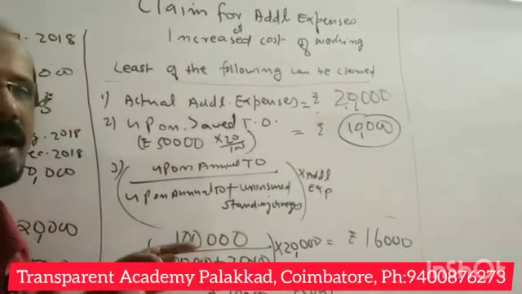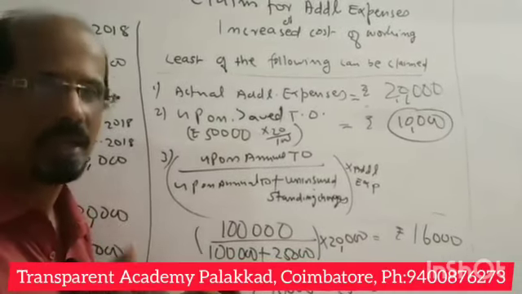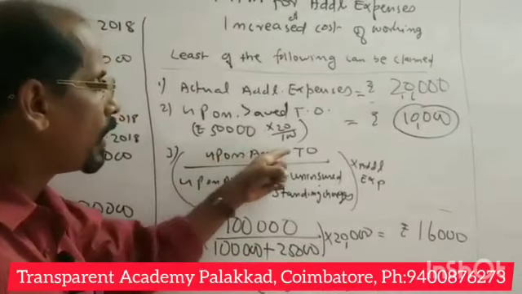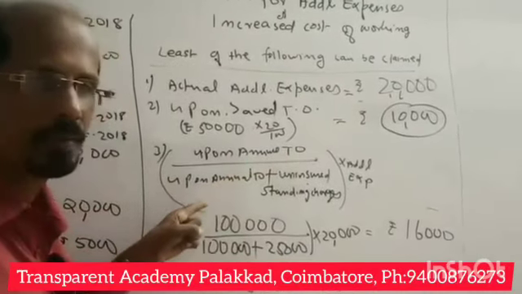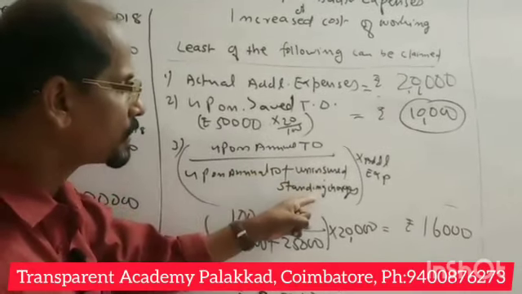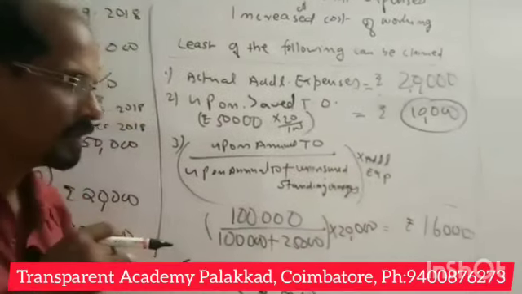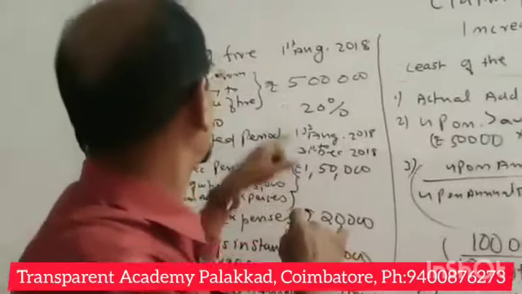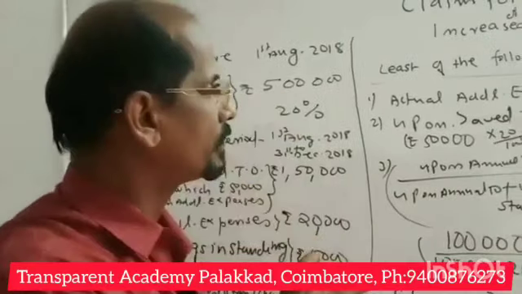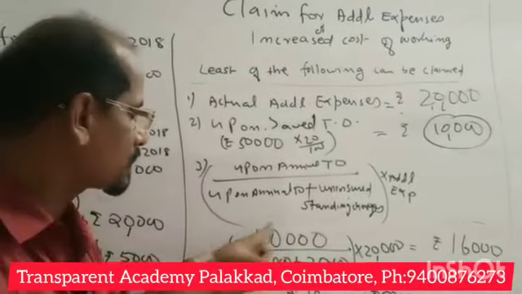And if there are uninsured standing charges, that is, if all the standing charges are not insured, the third item is GP on annual turnover divided by GP on annual turnover plus uninsured standing charges, into additional expense. The annual turnover given is 5 lakh, and GP on annual turnover is 20% of 5 lakh, that is 1 lakh.